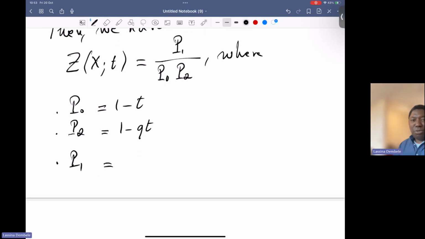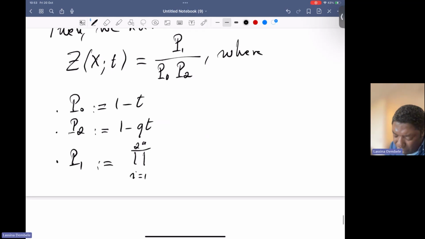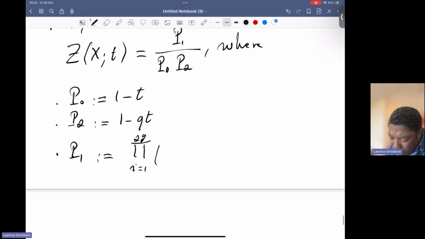The p1 is the one whose expression is a bit involved, but really it's not that complicated. So it's simply the product, i going from 1 to 2g, of 1 minus alpha_i t.